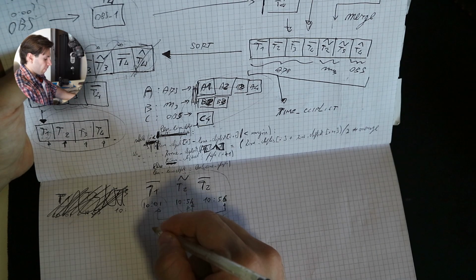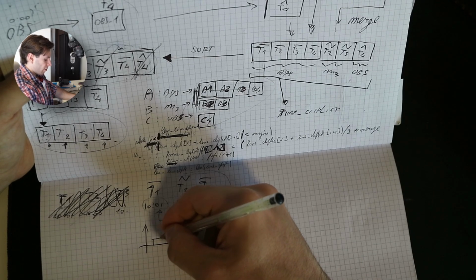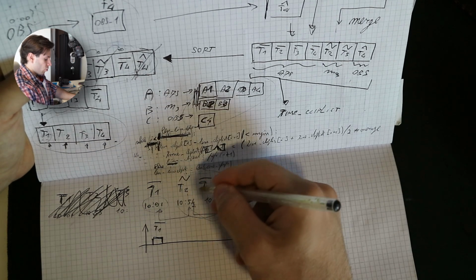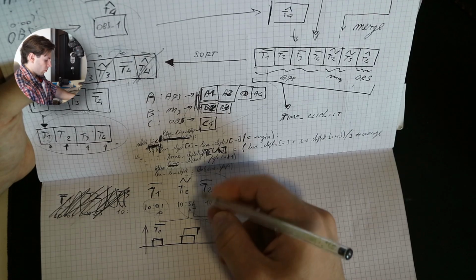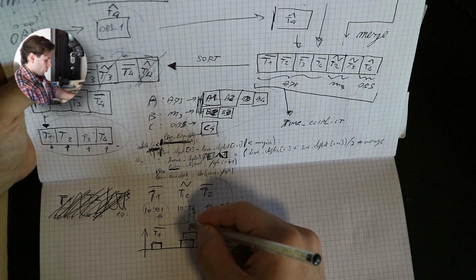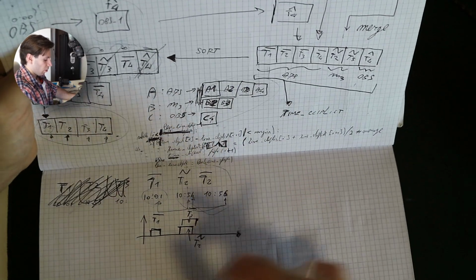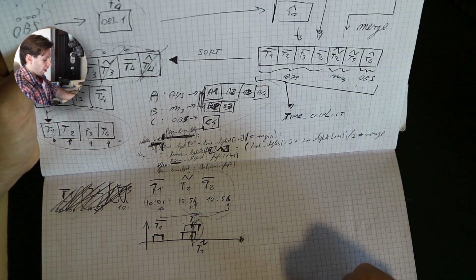If this one in a time graph is somehow like this, T1, and this is T2, and this is T2 with a little symbol on top of it. They differ by just 2 seconds at the end of them.